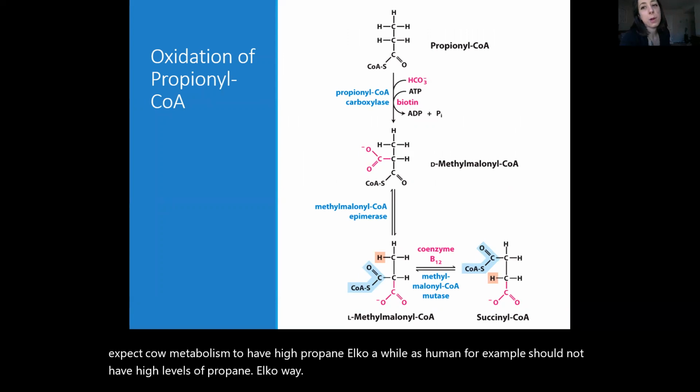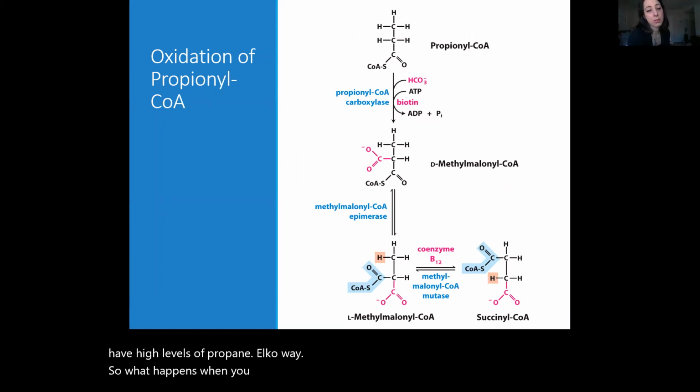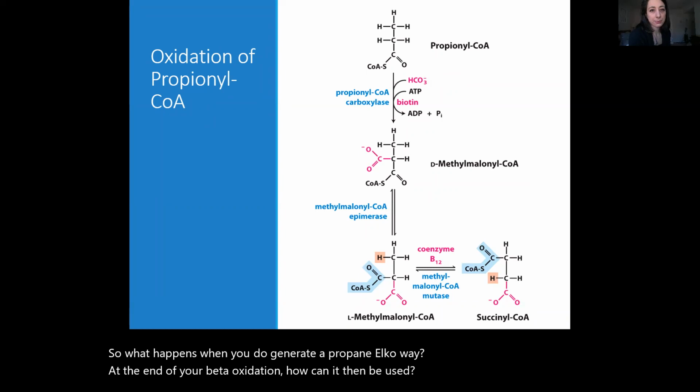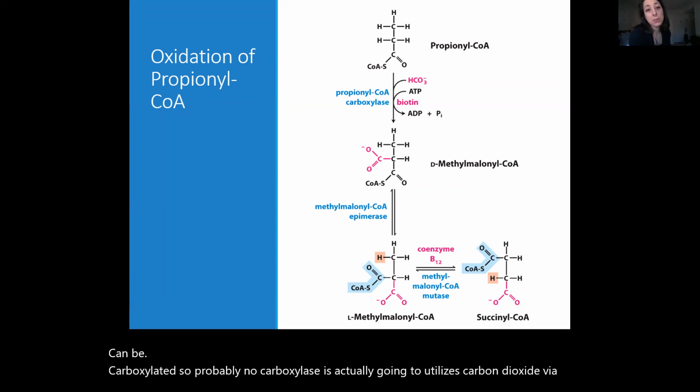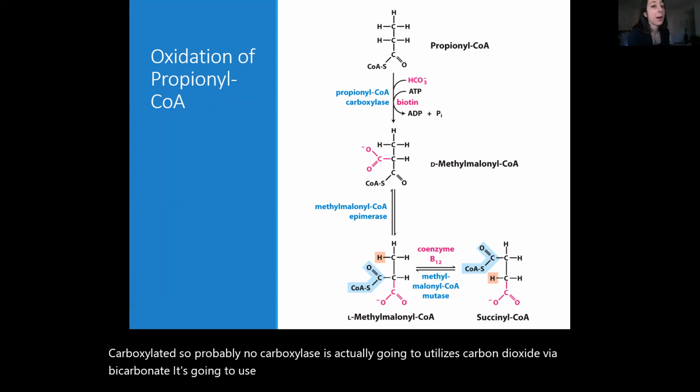So what happens when you do generate a propionyl CoA? At the end of your beta oxidation, how can it then be used for further metabolism? Well, propionyl CoA can be carboxylated. Propionyl carboxylase is going to utilize carbon dioxide via bicarbonate. It's going to use some ATP and a biotin.